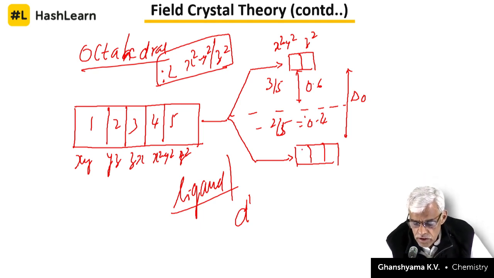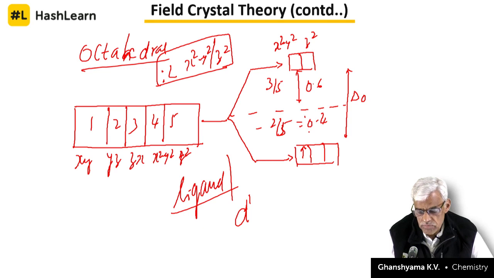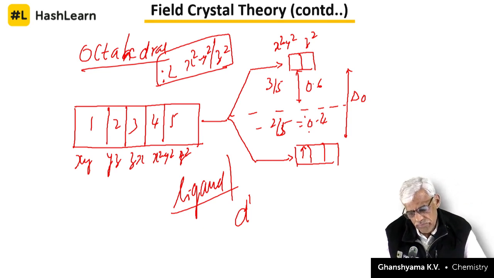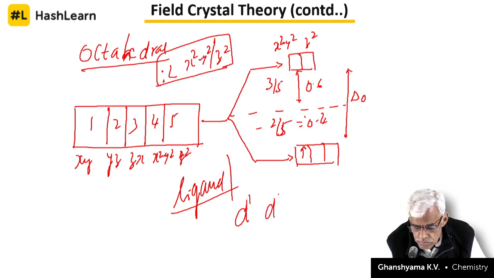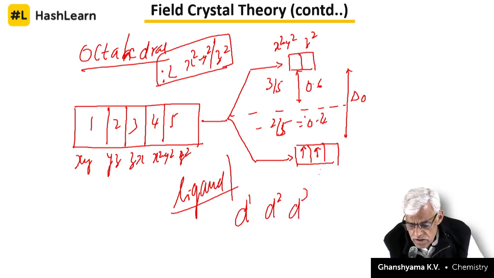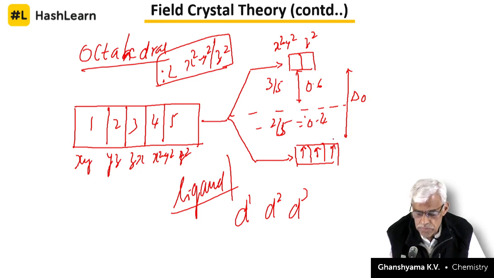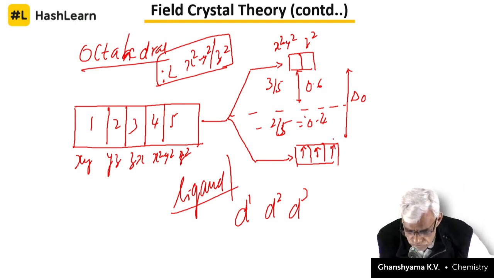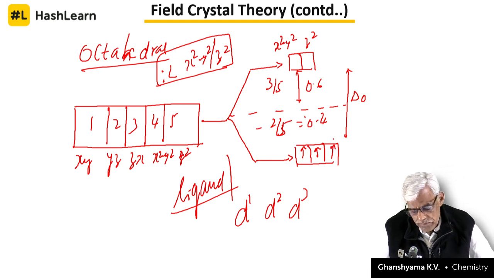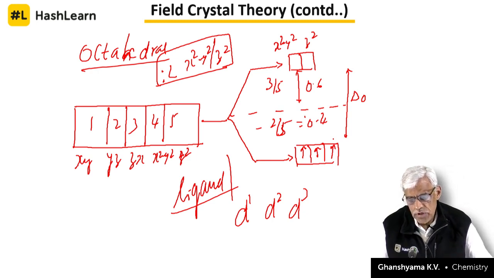This d1 will be filled into xy. For d2, it goes to the second one. If there are 3 electrons, d3, then xy, yz, zx are filled up. No problem whatsoever.